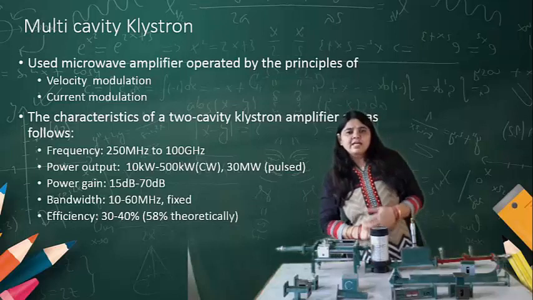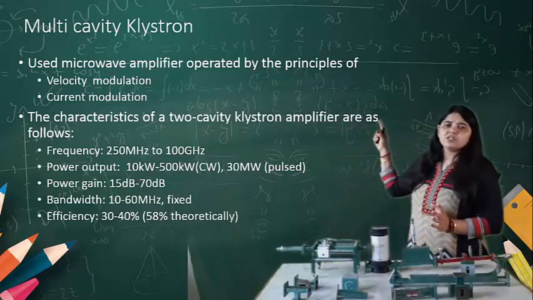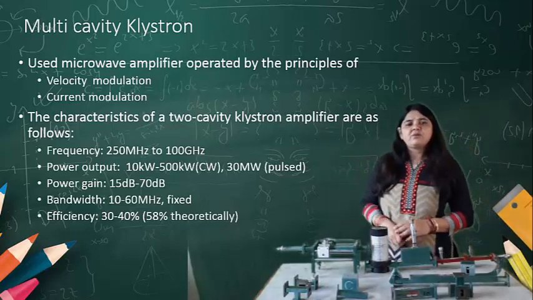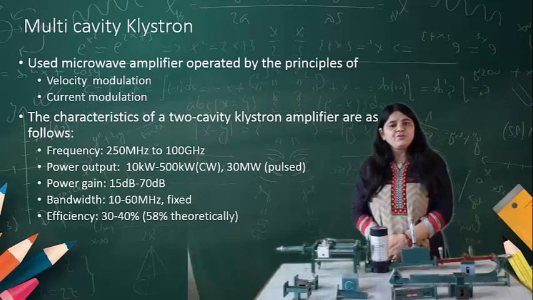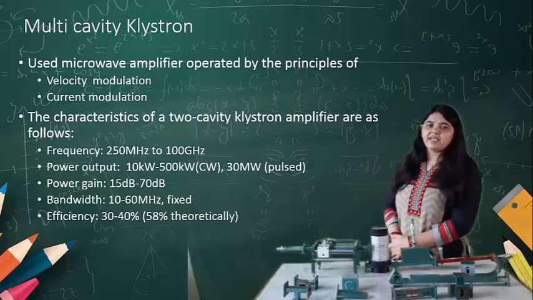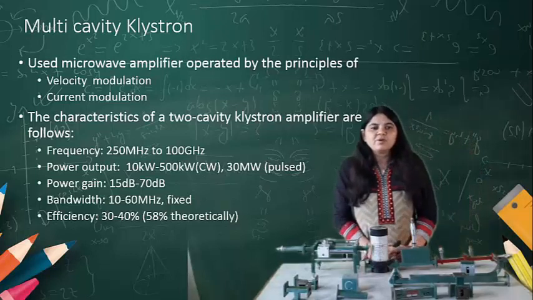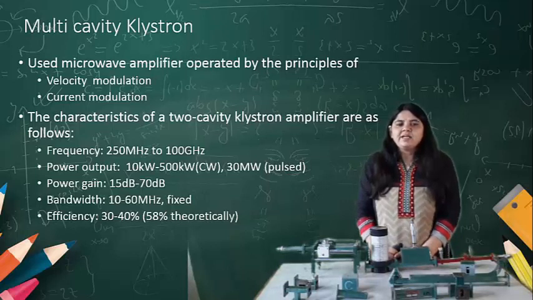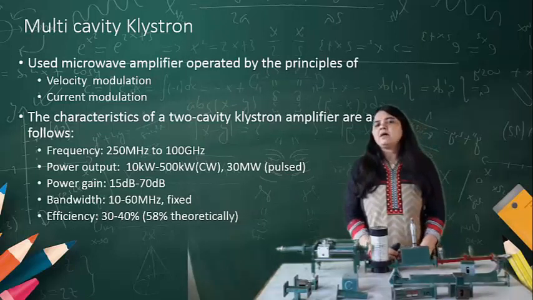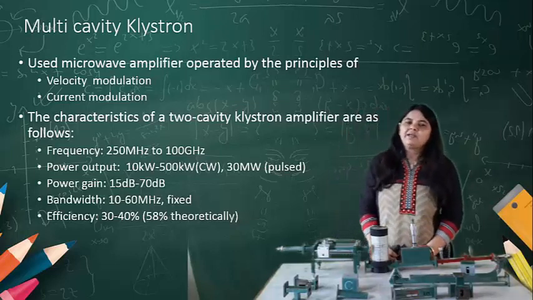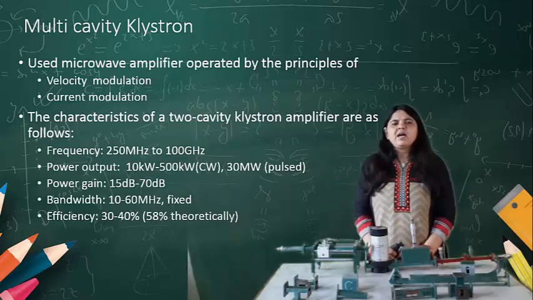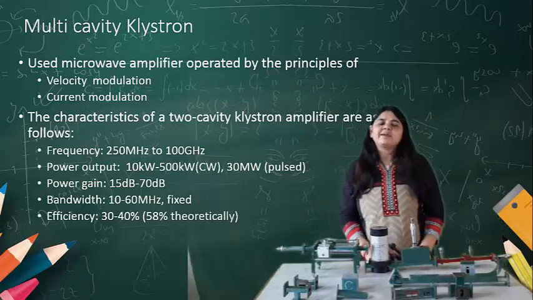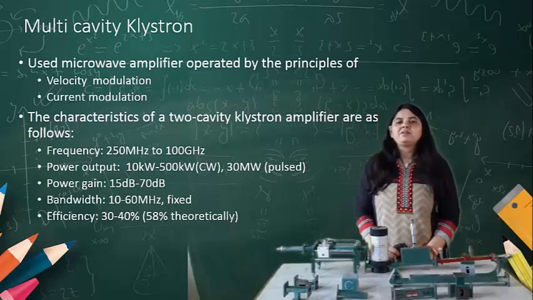Now what are the characteristics of the two cavity amplifier? The frequency ranges from 250 megahertz to 100 gigahertz. The power output is 10 kilowatt to 500 kilowatt. As we know, in radar the high power requirement is there, so megawatt power is required, and that kind of power cannot be generated by simple devices.